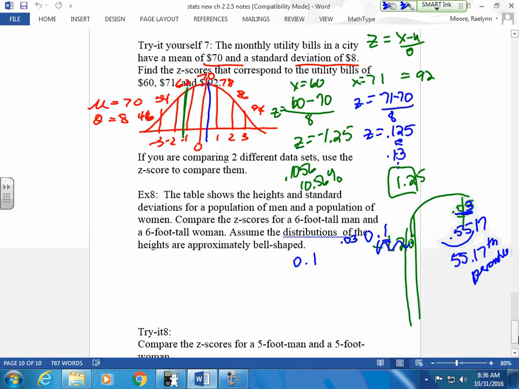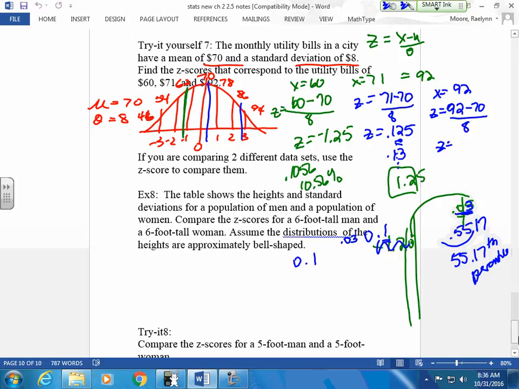And the last one is a 92. That's pretty far up there, isn't it? That should be unusually high. Anything above 2 is unusually high for this scenario. So I am 92 minus 70 over 8.